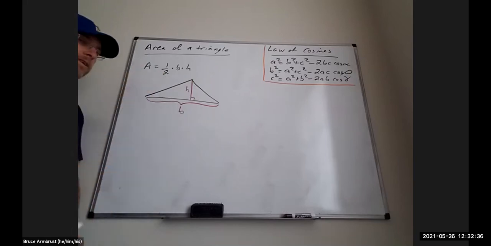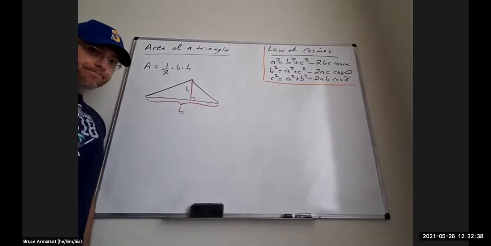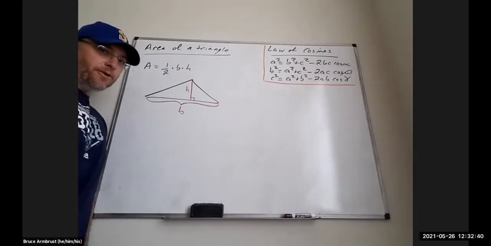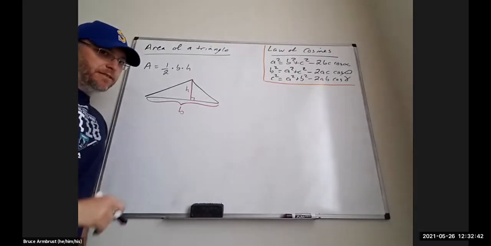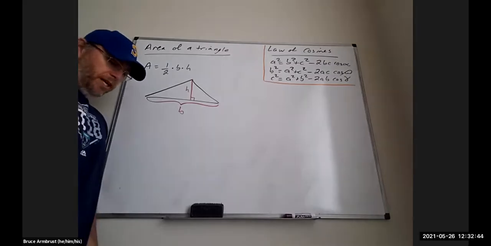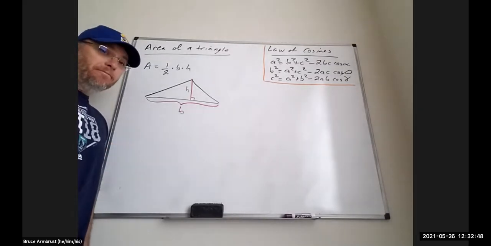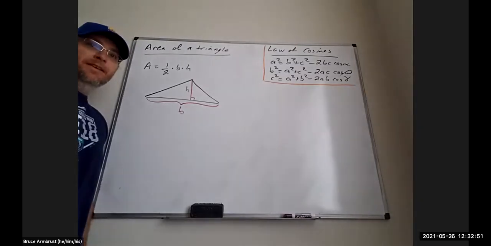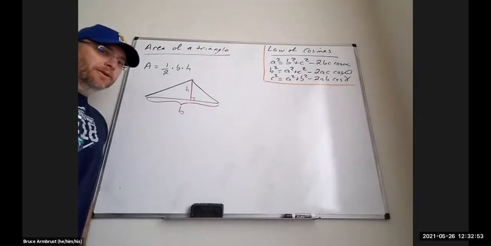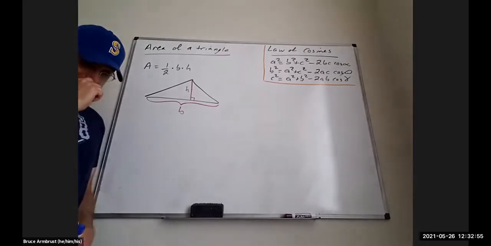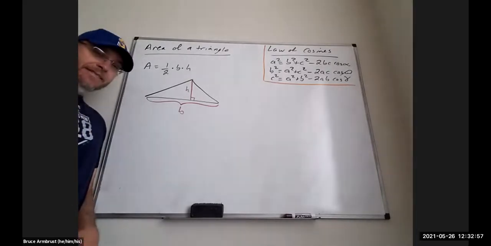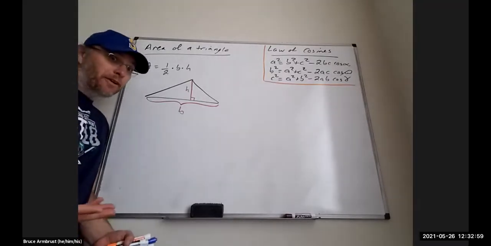And we know that the area is one half base times height. So am I correct? Everybody knew this one, seen this one. How about this? Do you know where it comes from? Do you know why that formula works? Have you even wondered?